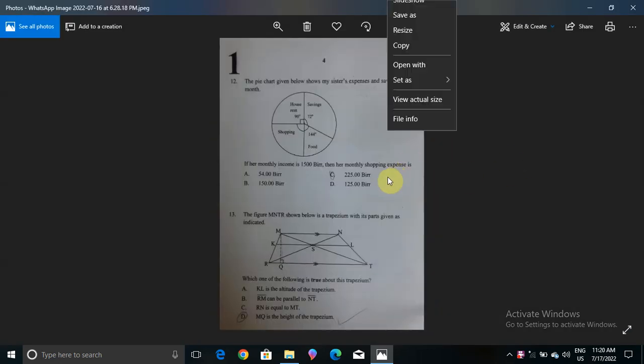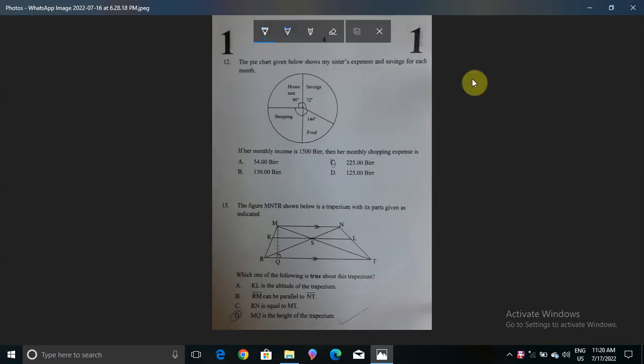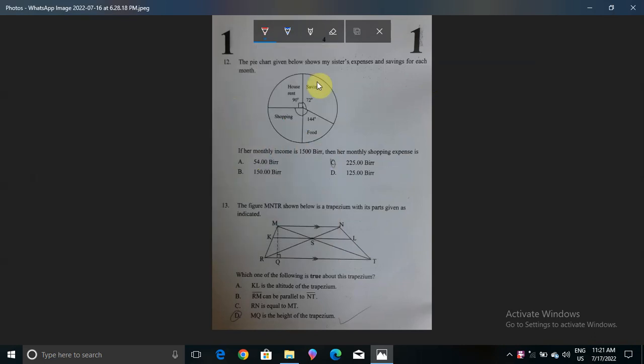Now question number 12. It says the pie chart given below shows my sister's expenses and savings each month. Okay, what we have here: house rent, which is 90 degrees, savings, which is 72 degrees, shopping, we don't know, food, which is 144 degrees.